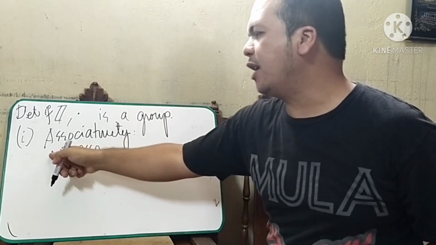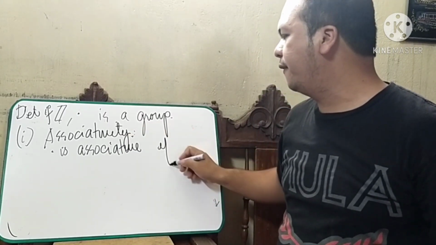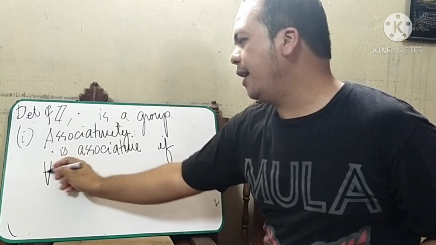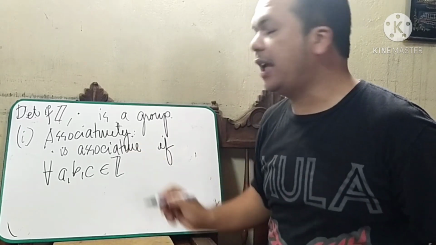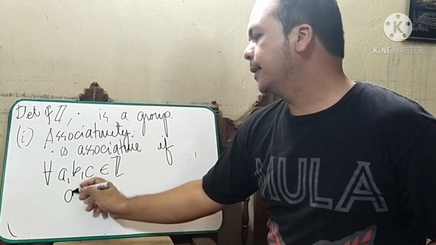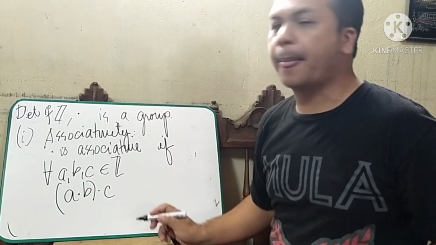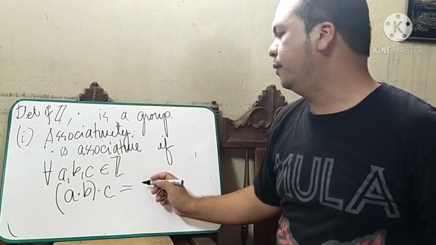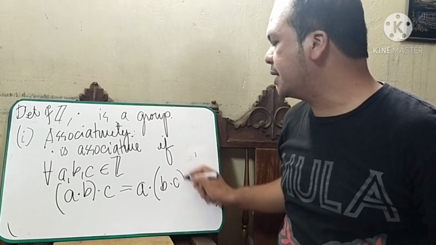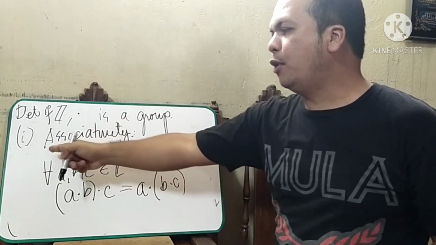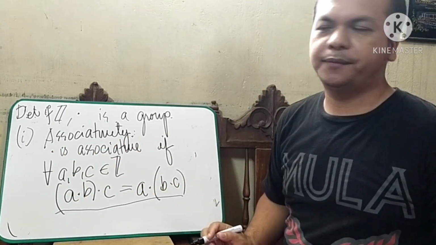This binary operation is associative if for every A, B, and C elements of the set of integers, A times B, the quantity, times C, is equal to A times the quantity of B times C. So, for multiplication to be associative, kailangan i-satisfy niya itong equation na to.